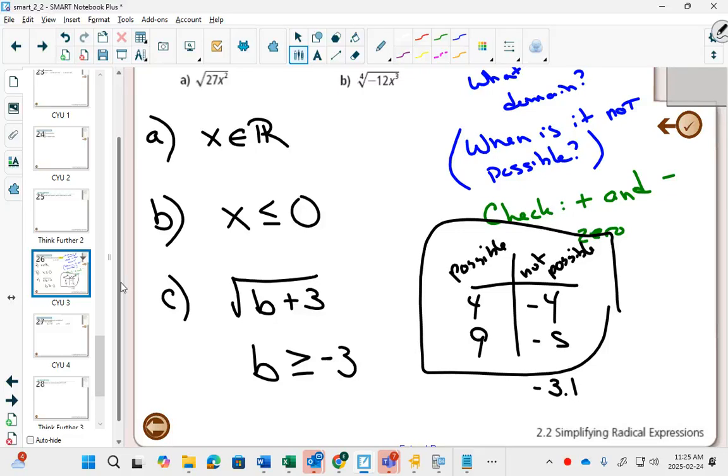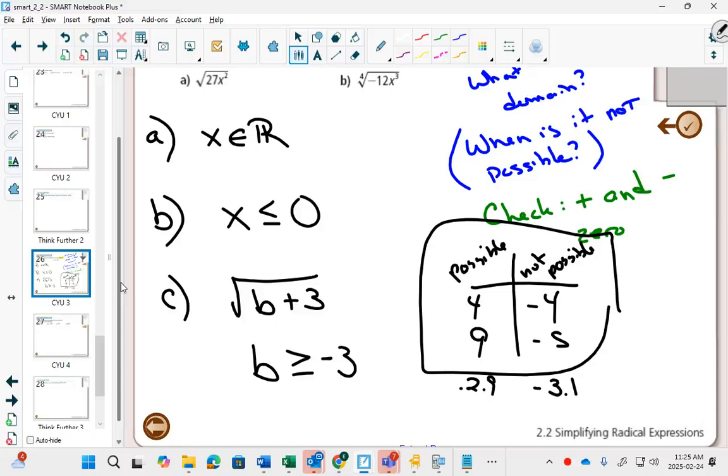This says that the b values have to be bigger than or equal to -3. And so this -2.9 is fine. -3 is fine because that would make it 0. But any other negative lower than that would be a problem.